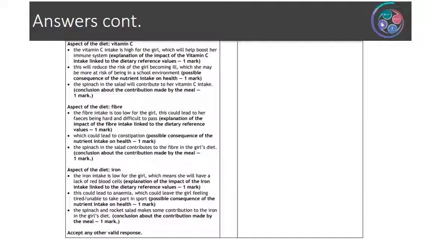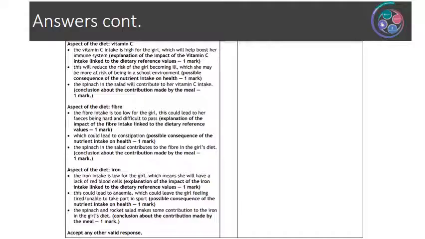Fibre. The fibre intake is too low for the girl. This could lead to her faeces being hard and difficult to pass, 1 mark. Which could lead to constipation, 2nd mark. The spinach in the salad contributes to the fibre in the girl's diet, 3rd mark. Finally, iron.